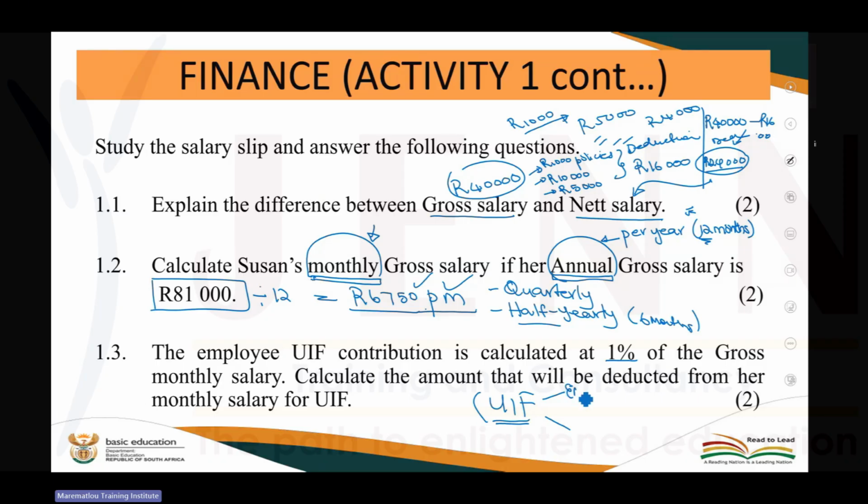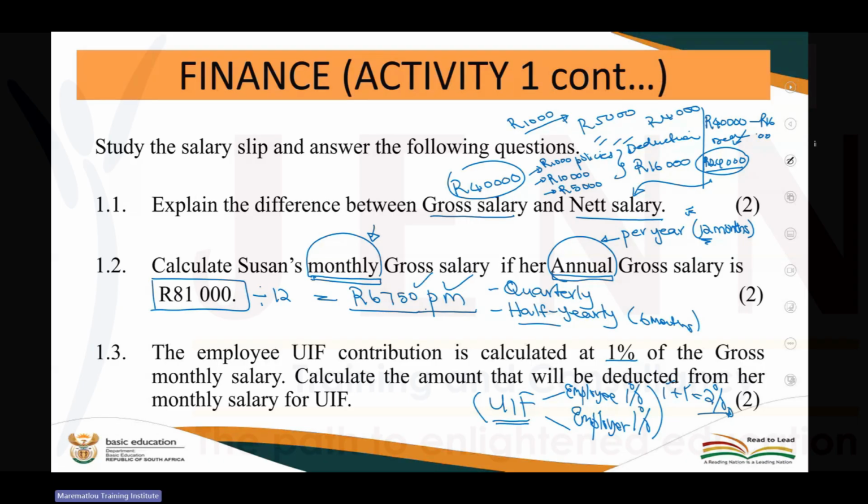The employee contributes 1% to the UIF fund, and the employer, the person who hired him or her, also contributes 1%. So what is the total contribution of UIF? It's 1 plus 1%, which gives you 2%. Now, if someone asks you what is the total contribution of UIF in South Africa, you say 2%. But that 2% is shared amongst the employee and the employer. Does it make sense? I can see you are nodding your head.